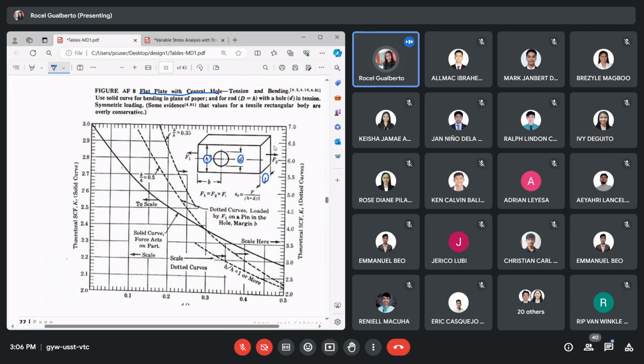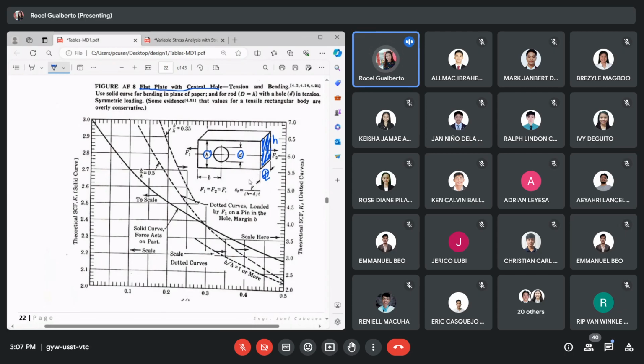So, if you take the cross-section po, yan po yung cross-section ng ating flat plate, having dimensions H and T. Okay? H and T po. So, usually po sa design, it is the dimension na hinahanap. So, most probably po, H at saka T po, yung papahanap po sa atin kapag po ganyan.